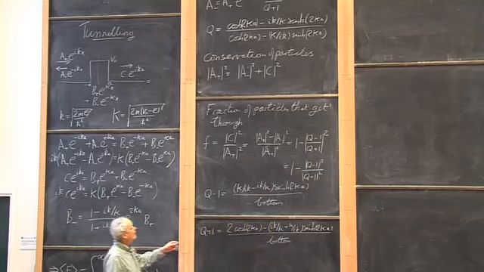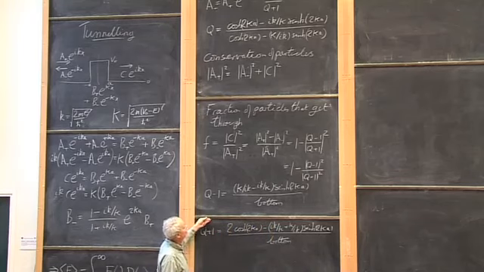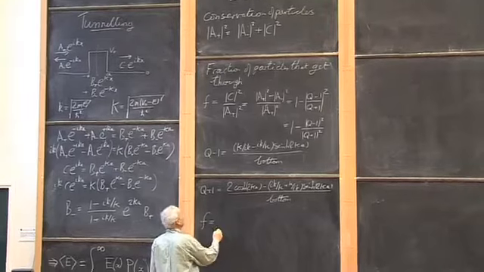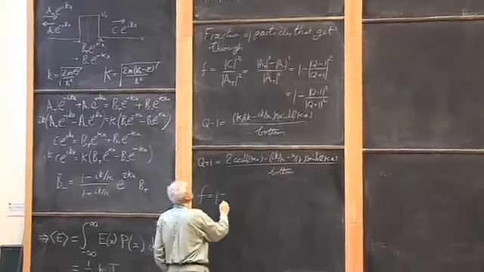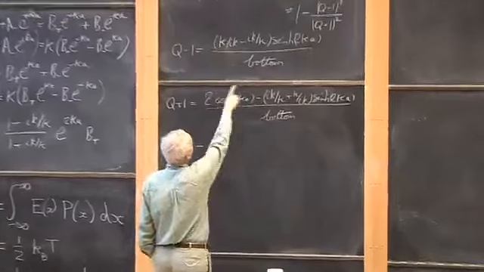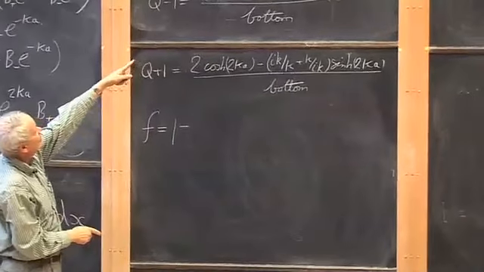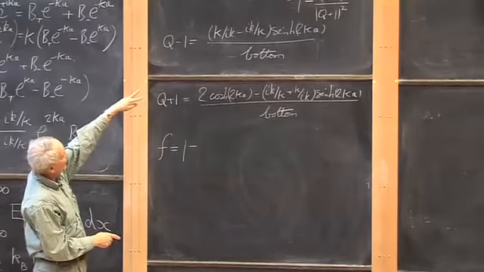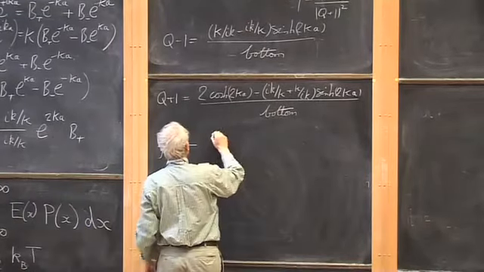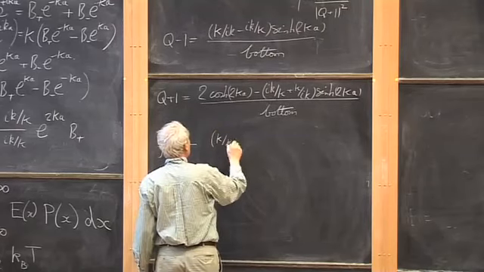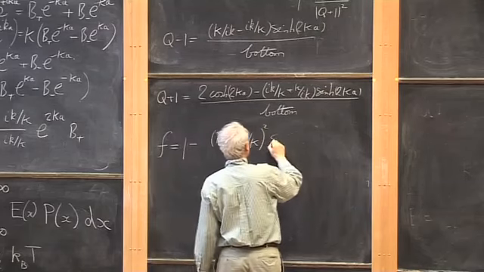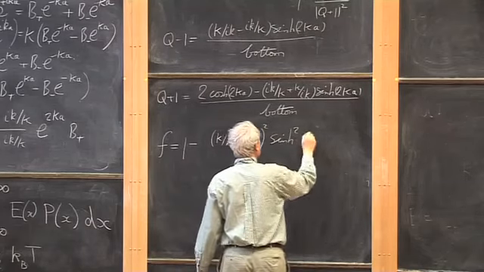So what we need to do now is take the mod square of these two numbers, ratio them, and take it from 1. So the fraction that gets through is going to be 1 minus, so the top of that is completely imaginary, right? It's pure imaginary. We should take out an i from that bracket, and then we will find we're staring at (k/κ plus κ/k) squared times sinh squared 2ka.